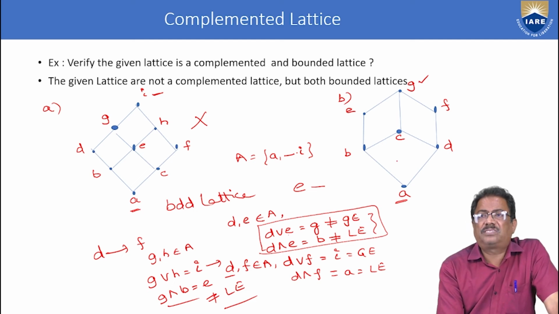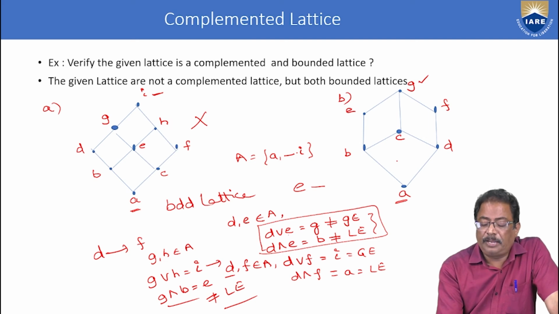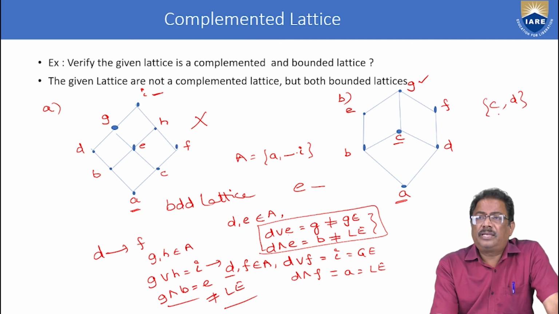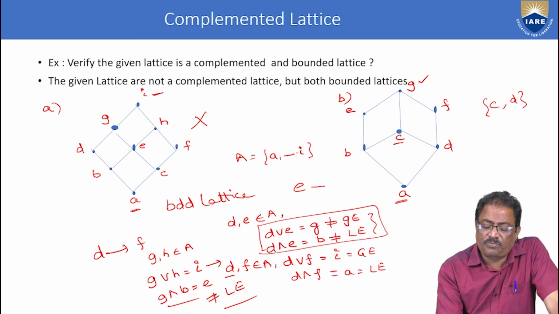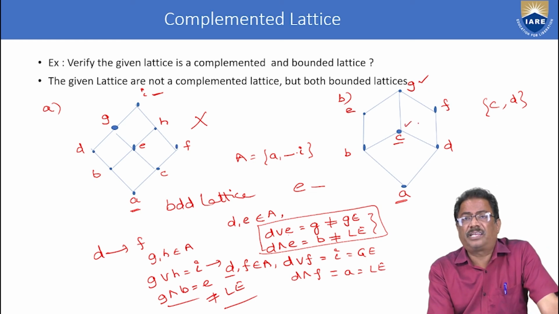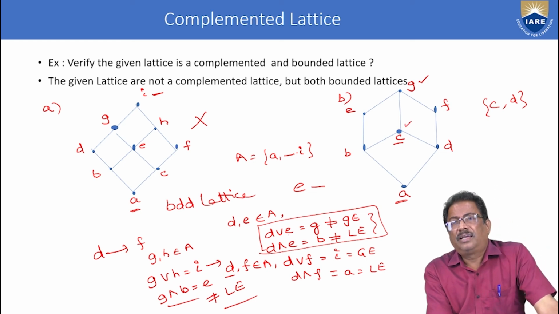Because let us take any element. Let us say I am finding the complement for C and D. Of course, B, D, if I am considering, what is the least upper bound? It is C, which is not equal to the greatest element.